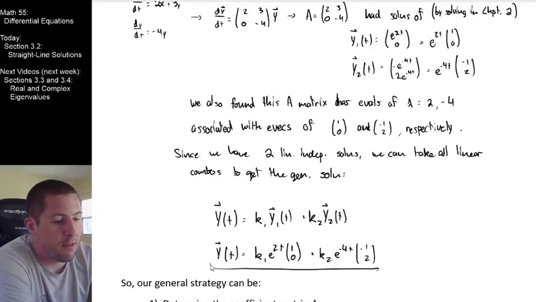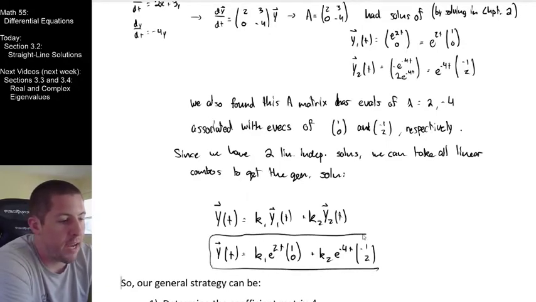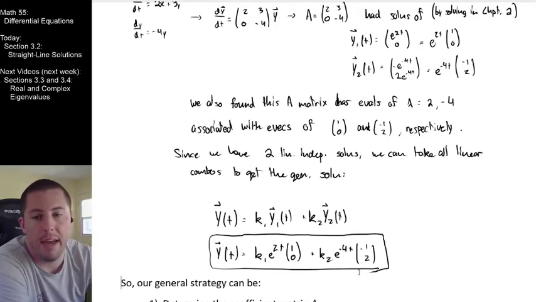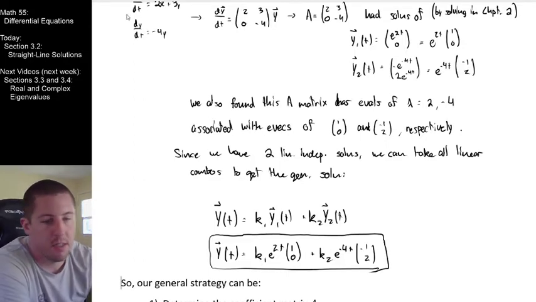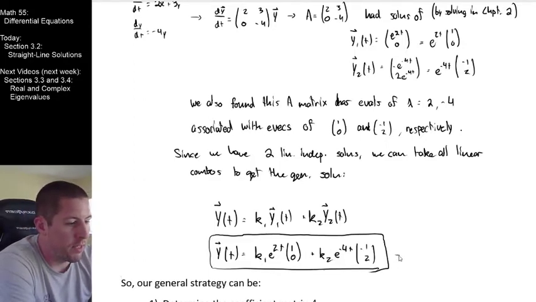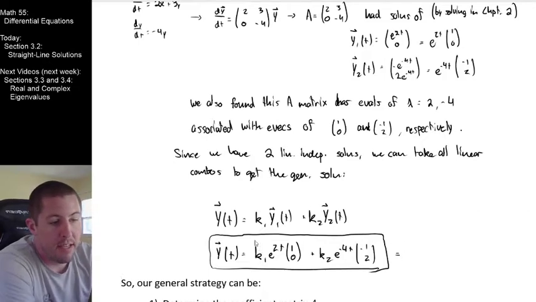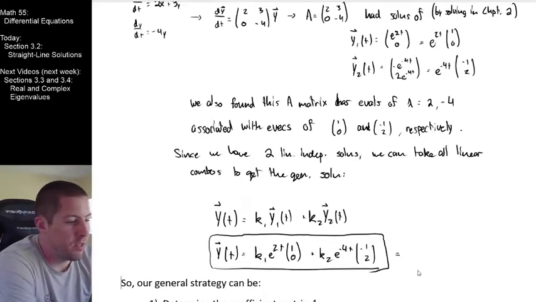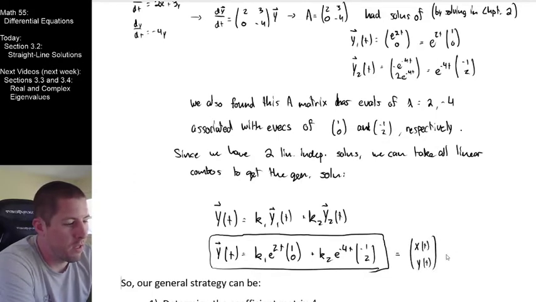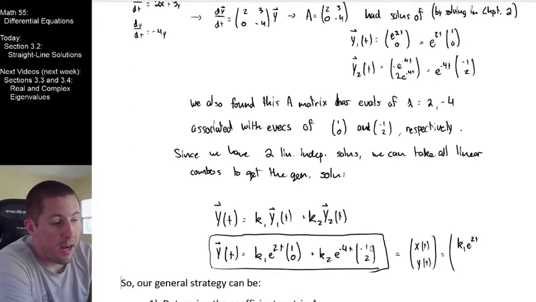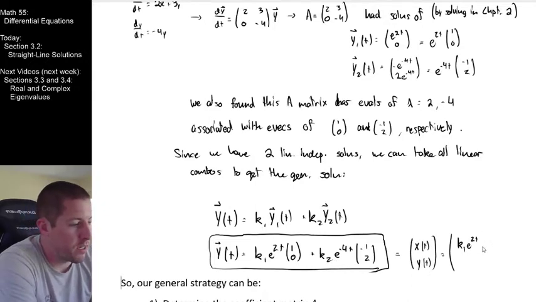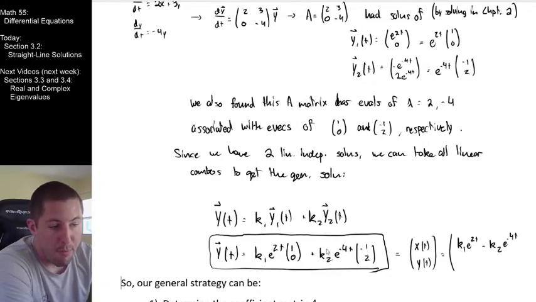Remember that the fact that there's a vector in there means that we're really describing the x of t solution in the top and the y of t solution in the bottom. That makes sense because we had x and y as our 2 dependent variables in our system. Alternatively, this could be written as k1 times e to the 2t minus k2 e to the negative 4t on top.